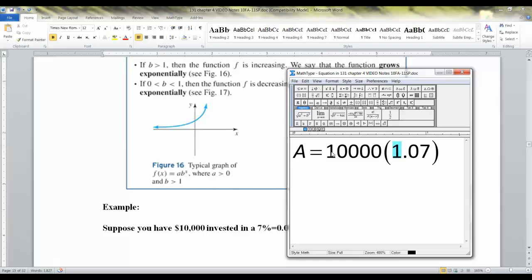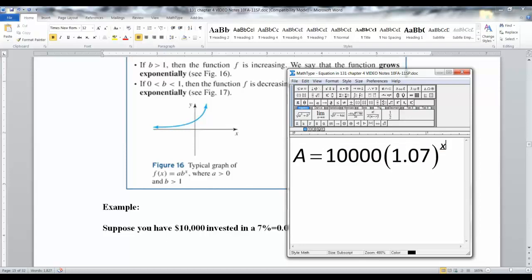See, the 1 times 10,000 gets you 100%, and the 0.07 times the 10,000 gets you the extra 7%. So you basically have 107% every year. Now the interest rate is 7%, but what you actually have is 107% because you have 100% of what you had and the extra 7%. And then to the x or t or whatever.